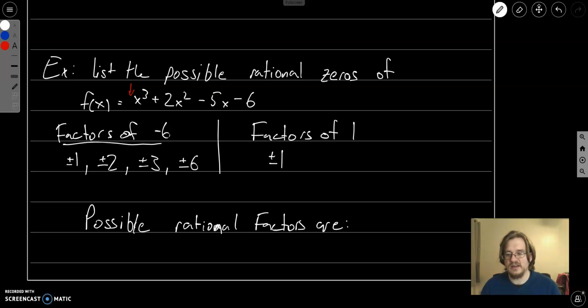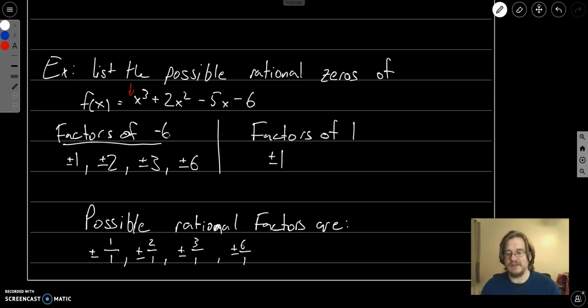So I could take 1 divided by 1, I could take 2 divided by 1, I could take 3 divided by 1, and I could also take 6 divided by 1. And if we think about positive and negative numbers, either one of these could be positive or negative, so I could get a positive 1 divided by 1, a negative 1 divided by 1, 1 divided by negative 1, or 1 divided by positive 1. We can just consider all of the combinations of positive and negatives here.